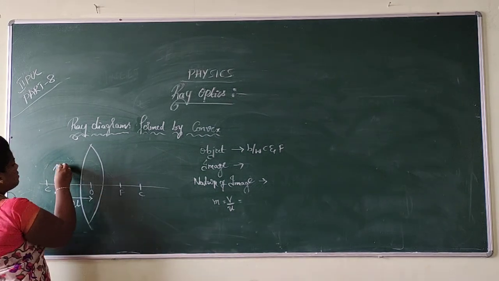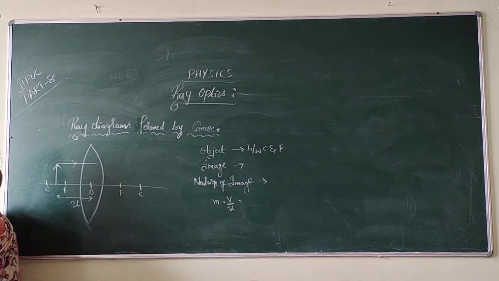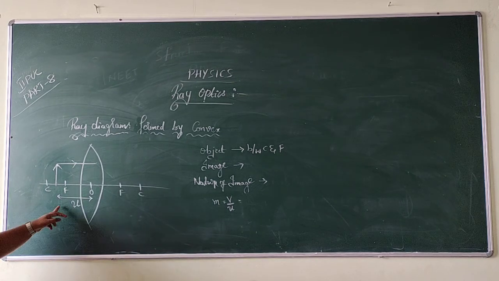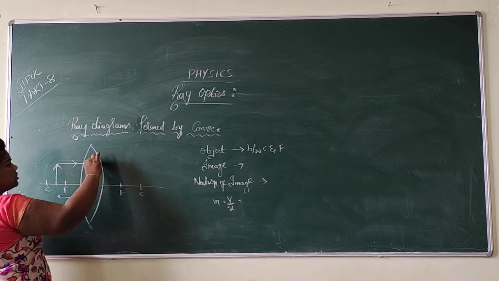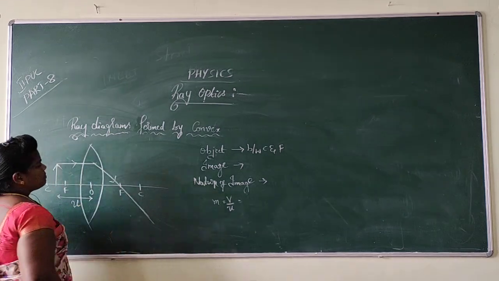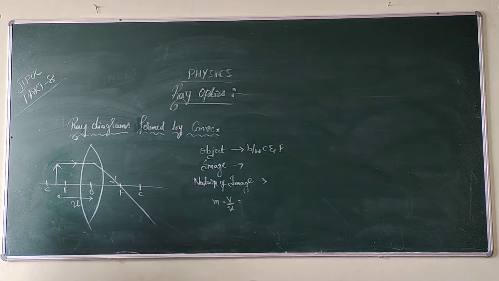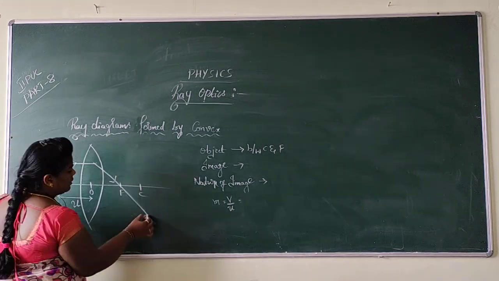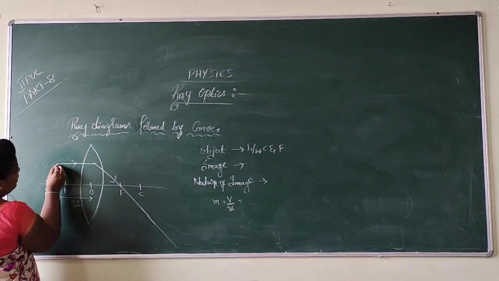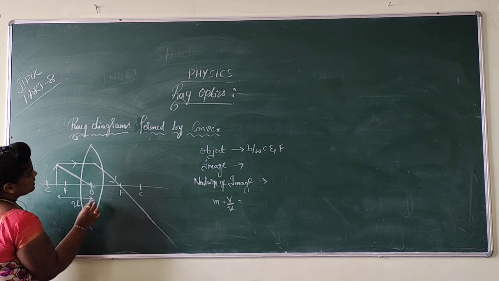See dear students, I am using one ray, the parallel beam of light which is going to fall on the convex lens. What happens after refraction? It passes through the principal focus. Similarly, I am using another ray, the ray which passes through the optic center.